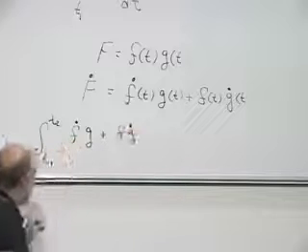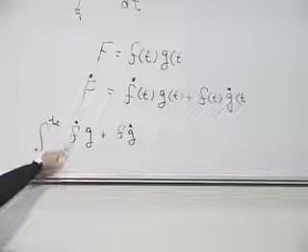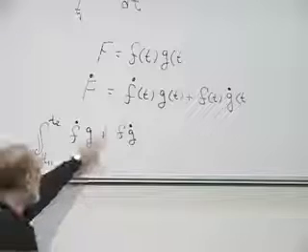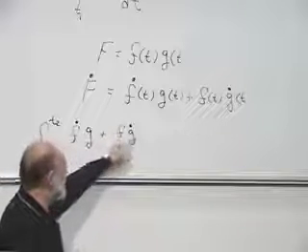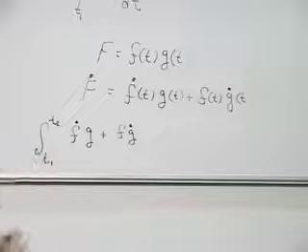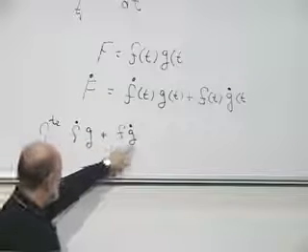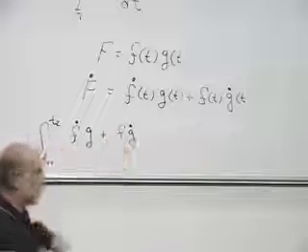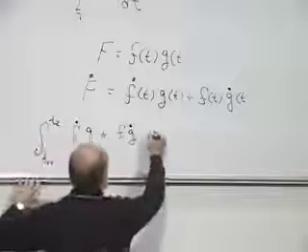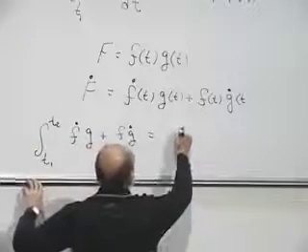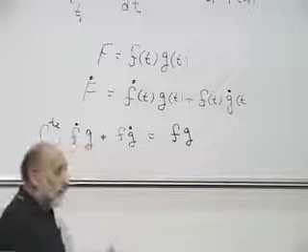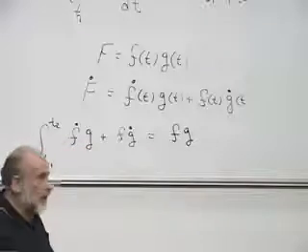Notice the structure of the two terms. One of them is a derivative times a thing which is not differentiated, and the other is the opposite structure, where the second term is differentiated, the first term is not. Well, according to the top line, that's equal to the product fg at one endpoint minus fg at the other endpoint.